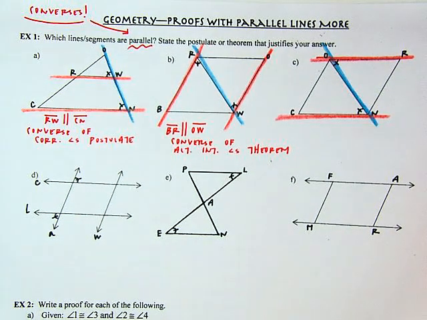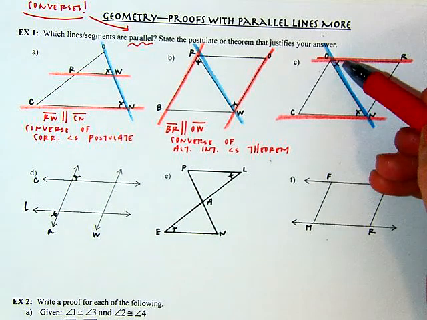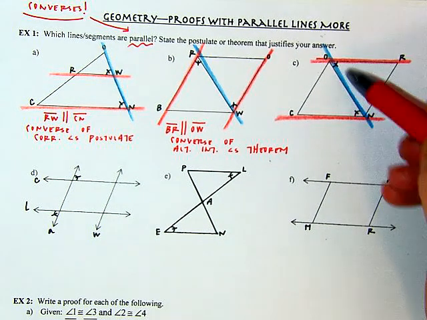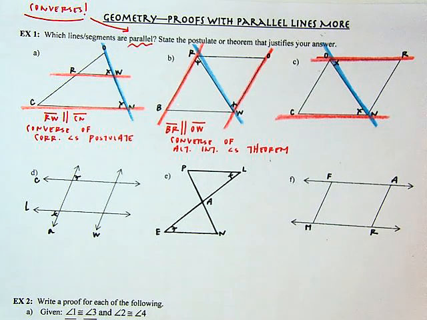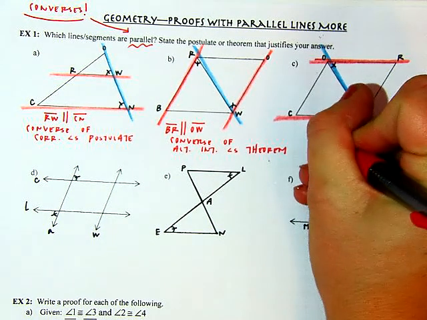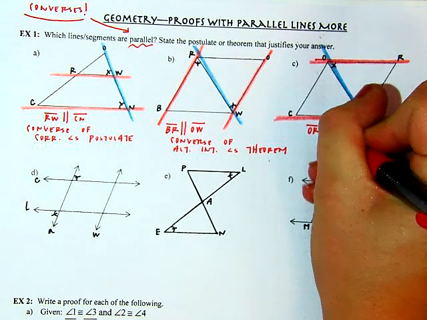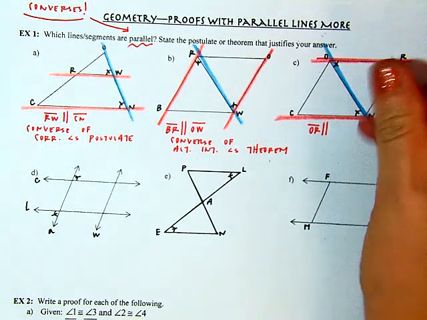So if I look at those two angles that are marked as congruent, what kind of angles are they? Well, again, they're alternate interior angles, which would mean that OR would run parallel to NC.